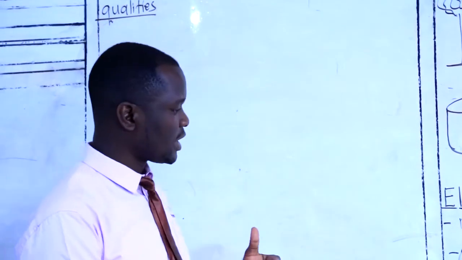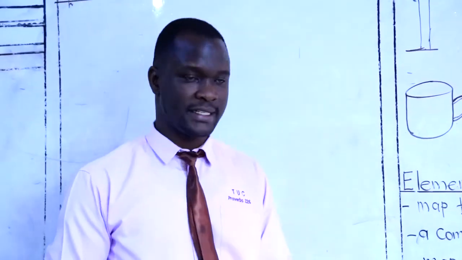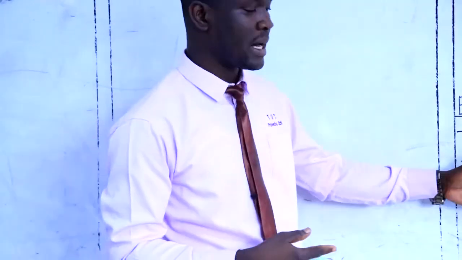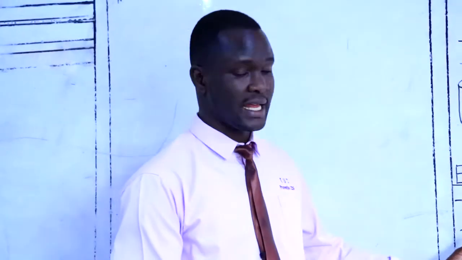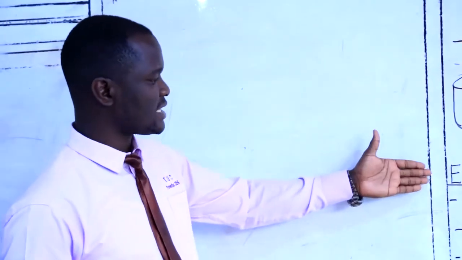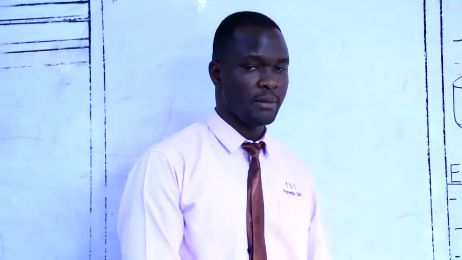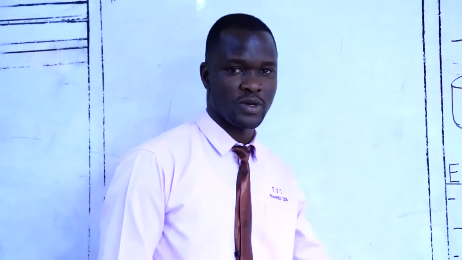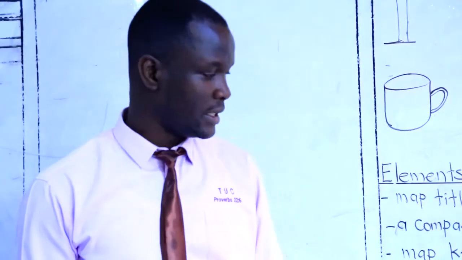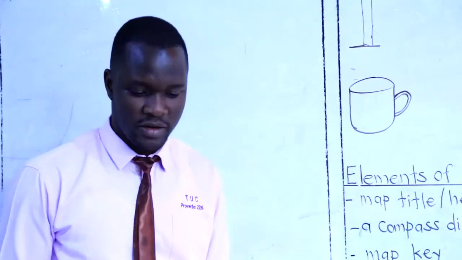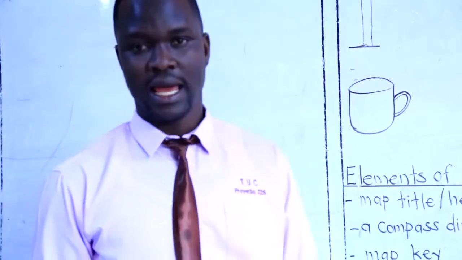A good map should have a compass direction. A good map should have a map key. But if the question is just asking you to mention any two elements of a map, you are just supposed to write map key, map scale, boundary, compass direction, like that.